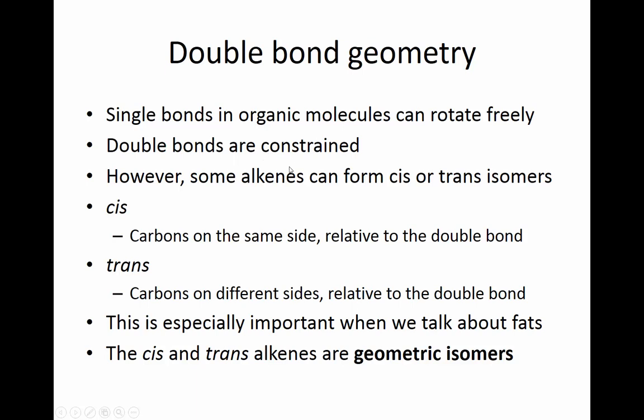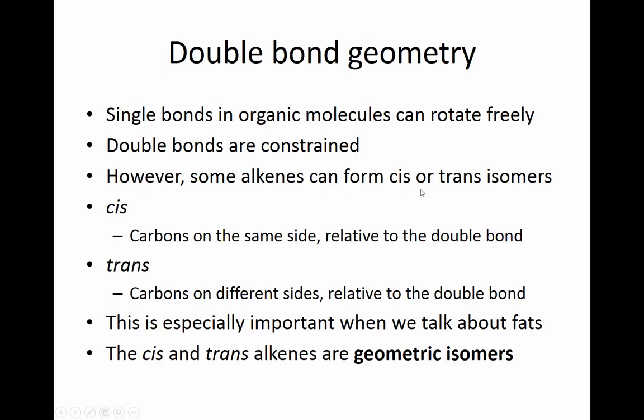So if you have one of those old organic chemistry molecule modeling sets and you try to make a double bond, you notice you can't twist that double bond around. It basically is constrained to stay where it is, where some of the molecule is going to be on one end versus the other, and we'll get into what that means.